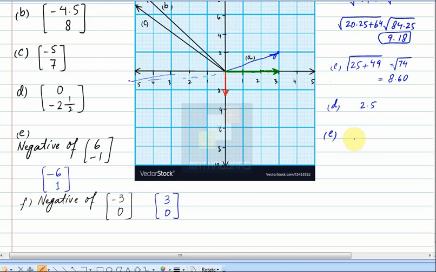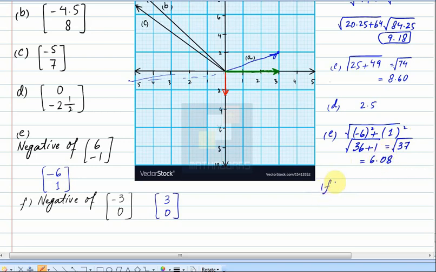So it will be under root x square plus y square. The value of x is minus 6 and the value of y is 1. That equals 36 plus 1, which gives 37. Find the root of 37. It's 6.08. That is the magnitude of part E.